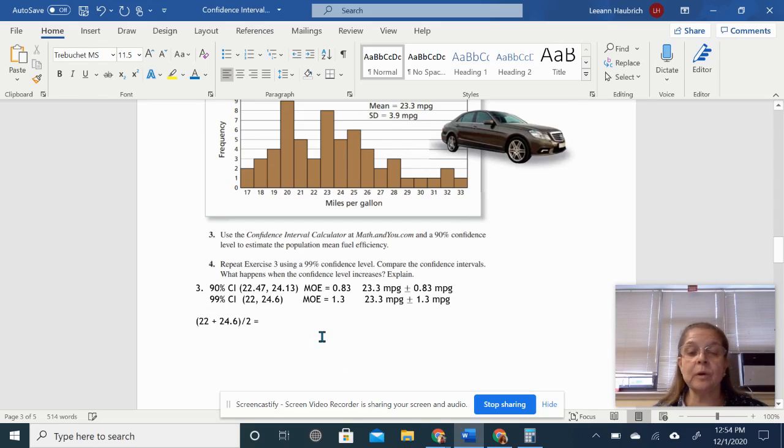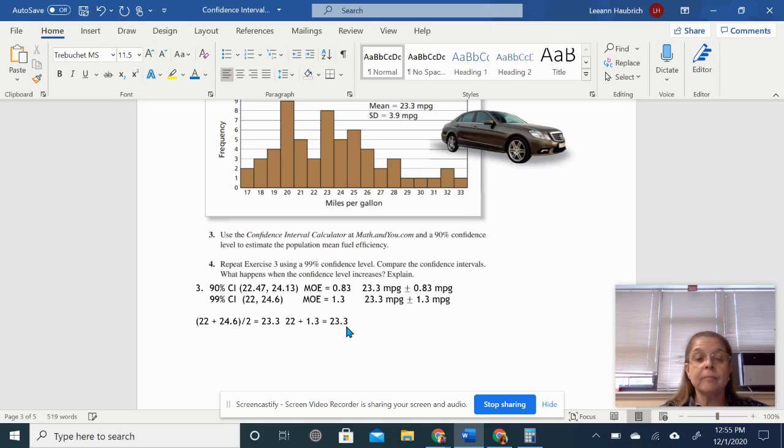Another thing I want to look at with this is, so this gave us back the 23.3, which was the sample mean for, I'm just looking at the bottom one because it was easier. What if I take the 22 and add to it the margin of error 1.3, and hopefully you can see this. 22 plus 1.3 is 23.3.